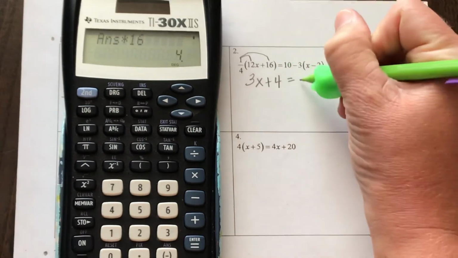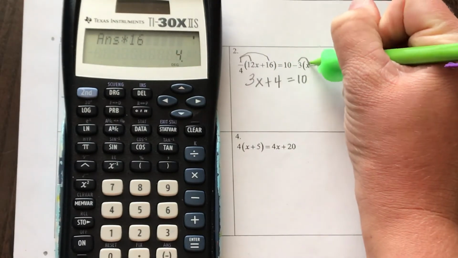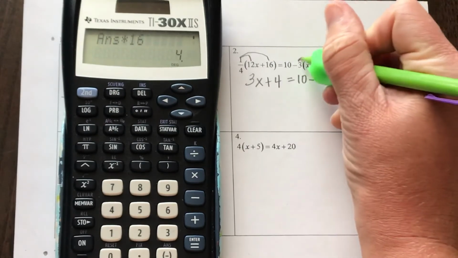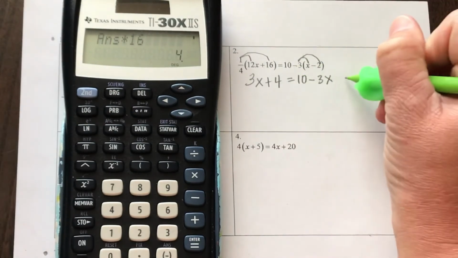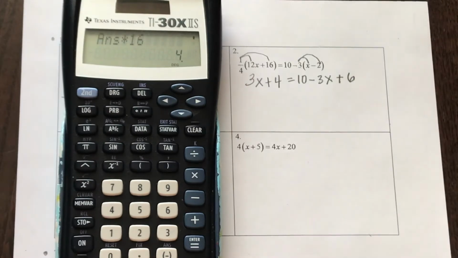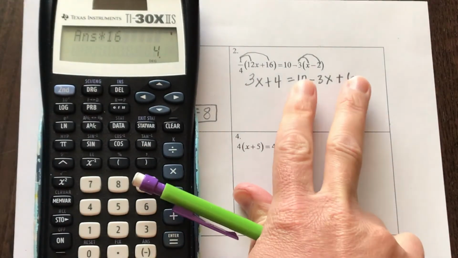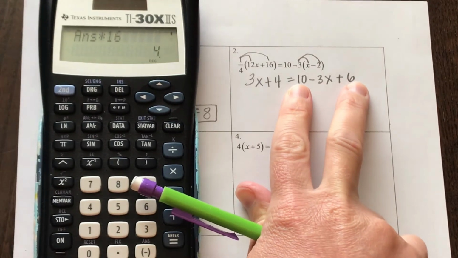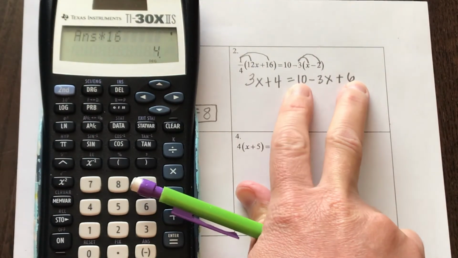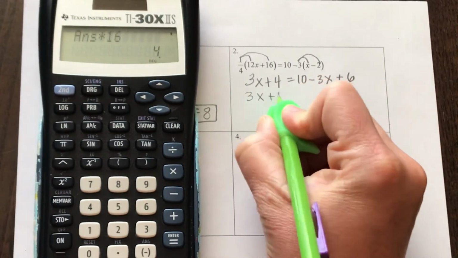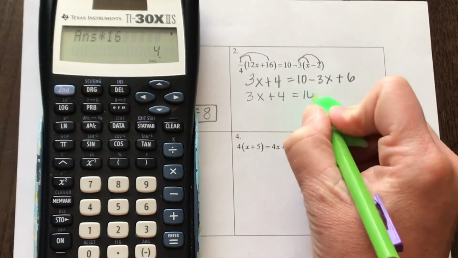This will equal 10. Now I'm going to distribute a -3 here, -3x, and a -3 times a -2 is 6. Now on the right side, I notice I have 2 number terms. So what I'm going to do is combine those. 10 and 6, if I combine, will be 16.